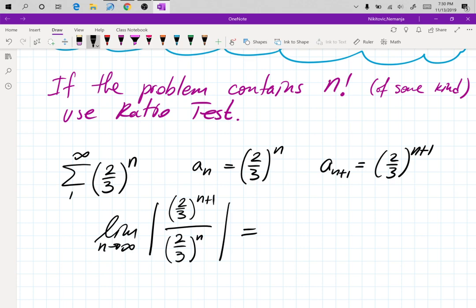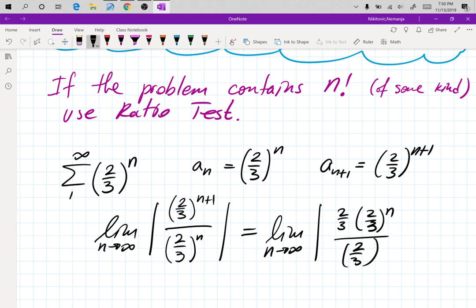What do we have? Well, in order for me to work this problem out, I need to peel off the plus 1, the extra exponent. So what I have is 2/3 times (2/3) to the n, divided by (2/3) to the n. Do we all see what happens? Cancelled. And immediately we have the answer as 2/3 because all of the n's cancelled. We have nowhere to plug in infinity, so the answer is just 2/3.